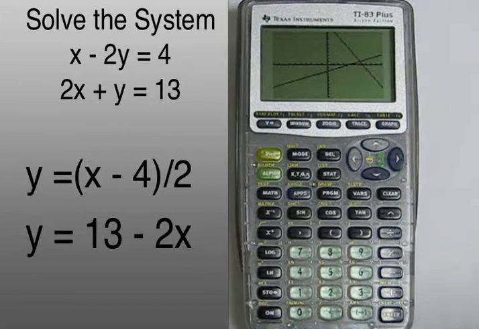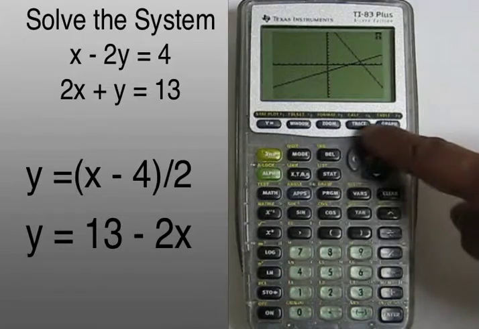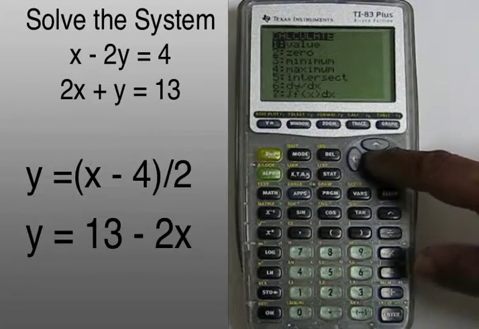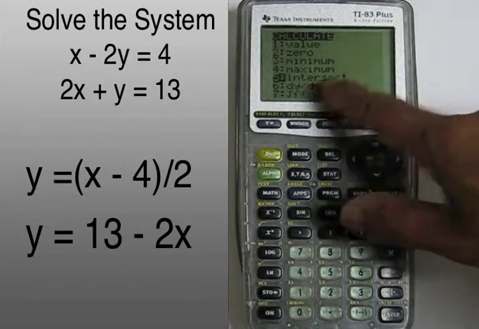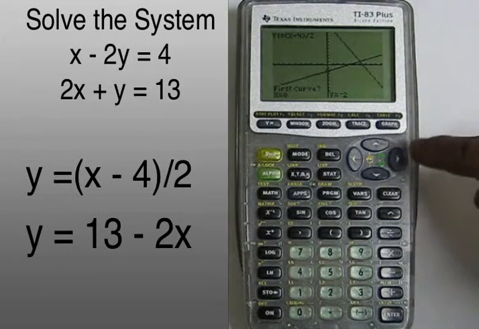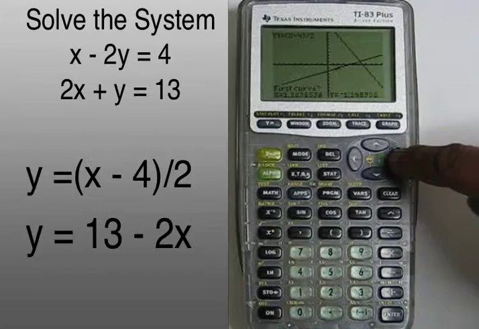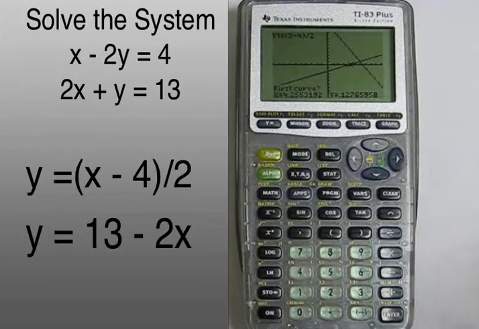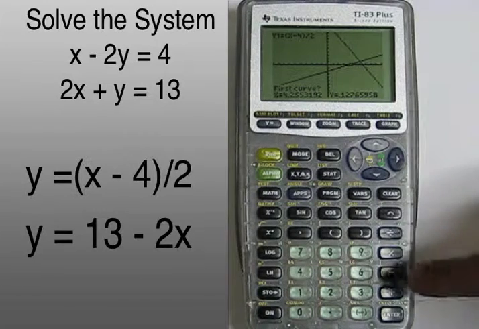In order to find an intersection, if the graphs intersect, using the graphing calculator, we click second and then trace. We scroll down to the function number 5, which is called intersect. Then we hit enter, and you want to scroll close to that intersection where you see those two lines hitting each other. Scroll close to it, not right at it, but close to it.